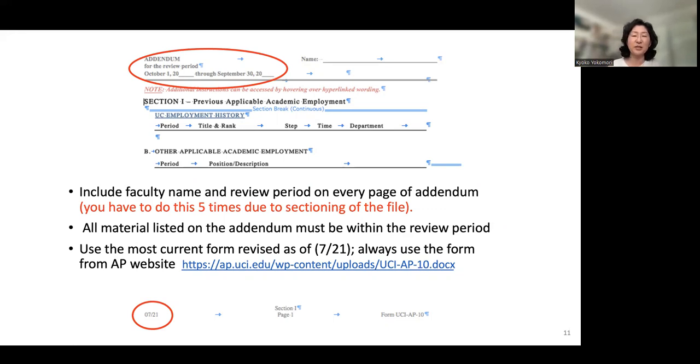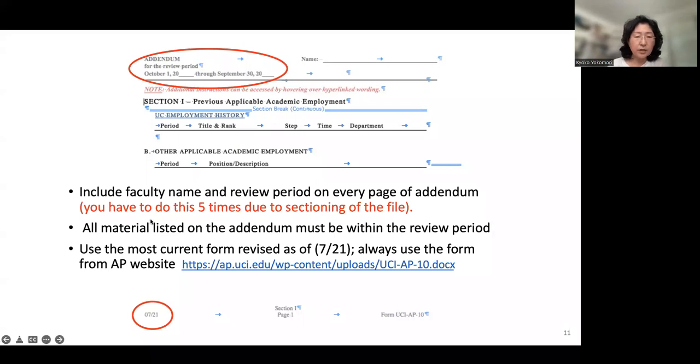It doesn't automatically fill the entire form, so it's a little bit tedious. Make sure that the dates are correct in all 5 sections. And again, the material listed should be within this review period, and all the information that needs to be reviewed should be included in this AP-10 form.